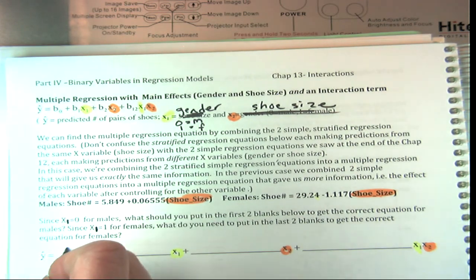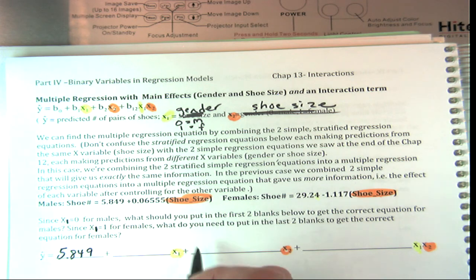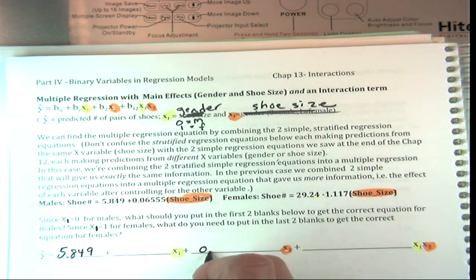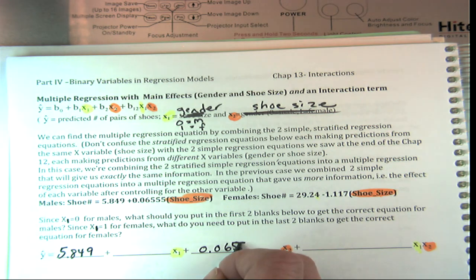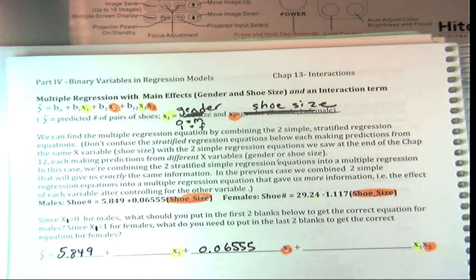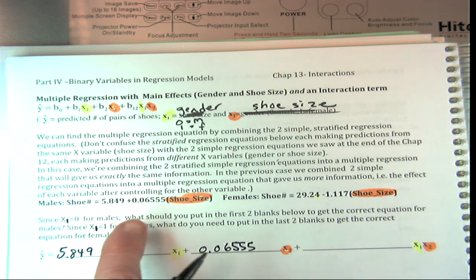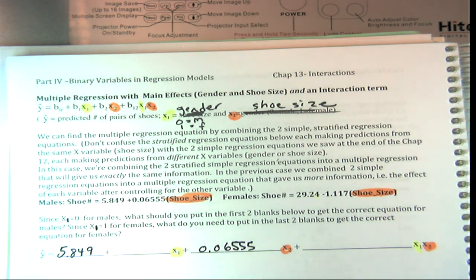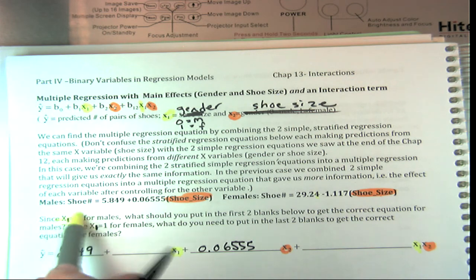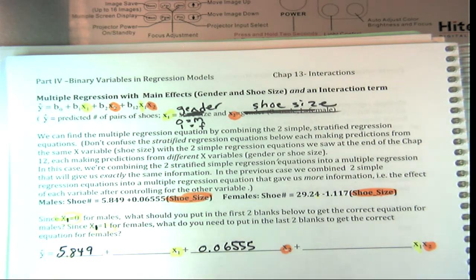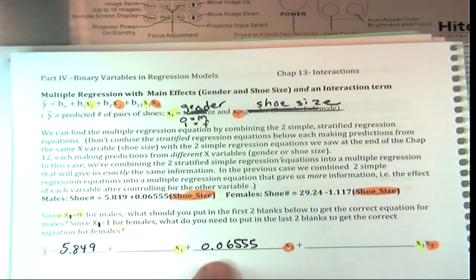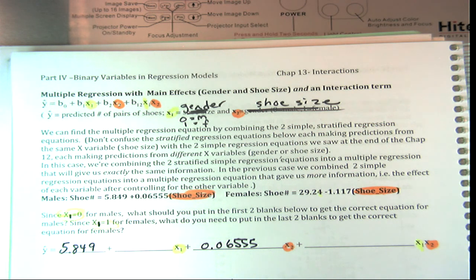Like put 5.849 in for here, and then 0.0655 there. That way, when X1 equals 0, I'll get the right equation for males. Does that make sense to everybody?